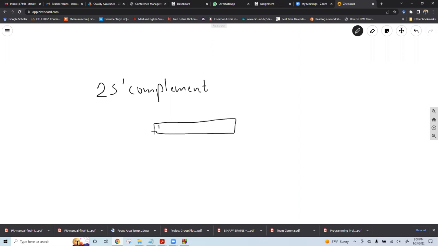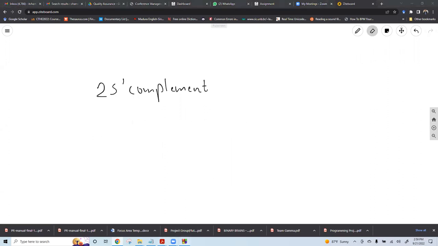Since you have done your A levels already, you know two's complement. I'm not going to explain two's complement now. In two's complement, basically if we have a set of bits, we reverse them. If it is 1, we make it 0. If it is 0, we make it 1. Reverse and we add 1. That's the two's complement, right?